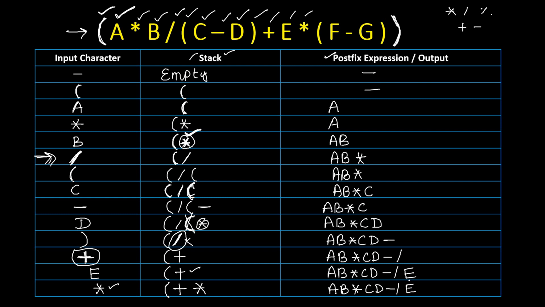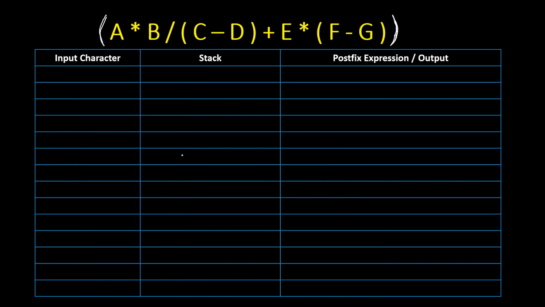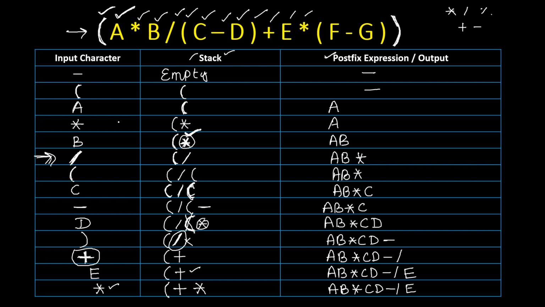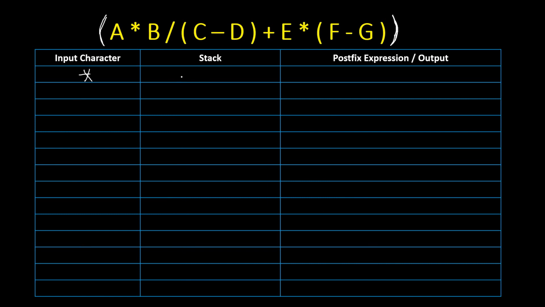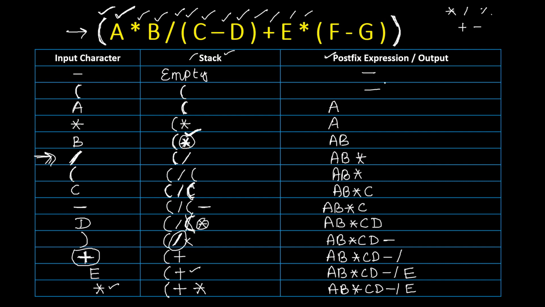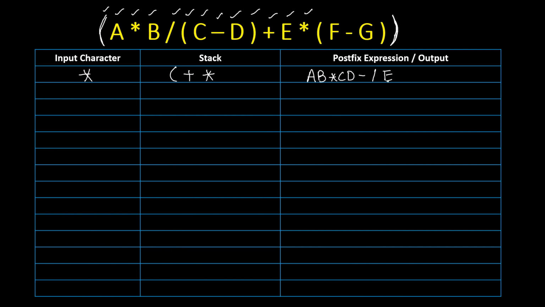So in the next slide, I am going to take this last line and copy this. We have a star here, and in the stack we have left parenthesis, plus and star, and this is the postfix expression. Now what is the next symbol?